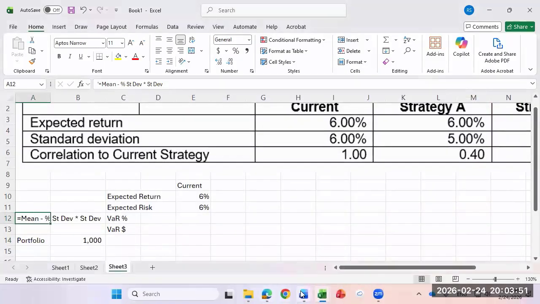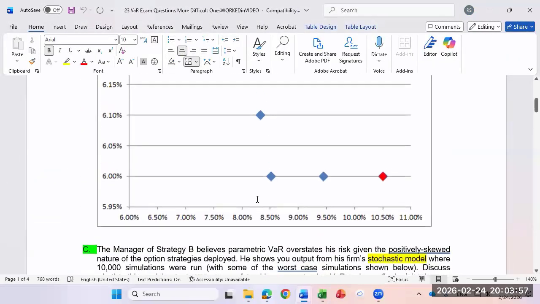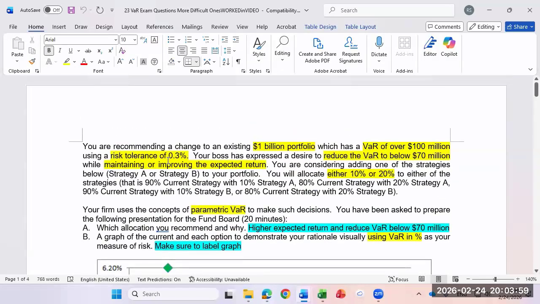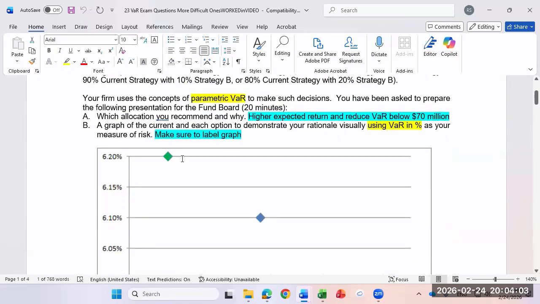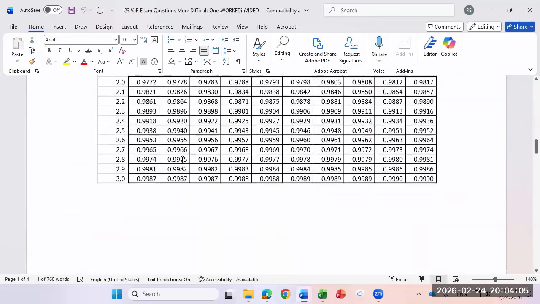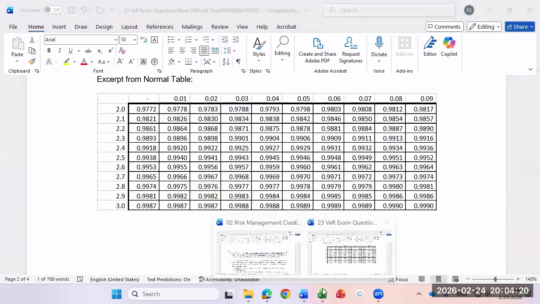Anybody remember their risk tolerance? .03. So what number are we looking for in the table? 0.997. Anybody see 0.997? How many standard deviations is it? 2.75. That look right? Okay.